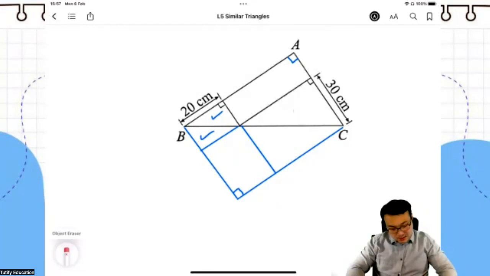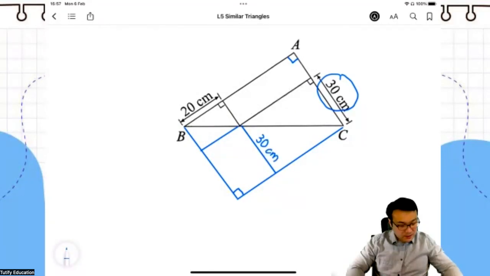Now, students, if I compare this 30 cm, I will also know that this length that I've duplicated is 30 cm. And for the 20 cm, I will know that this is 20.